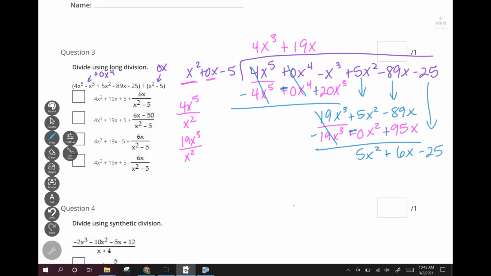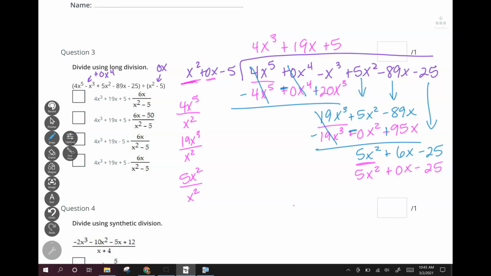And you just do it one more time, okay? So we've got 5x squared divided by x squared. Looking at our first 2 terms, the 5x squared and then the x squared in your divisor. That gives you 5, so plus 5. Multiply that 5 times your divisor, so 5x squared plus 0x minus 25.